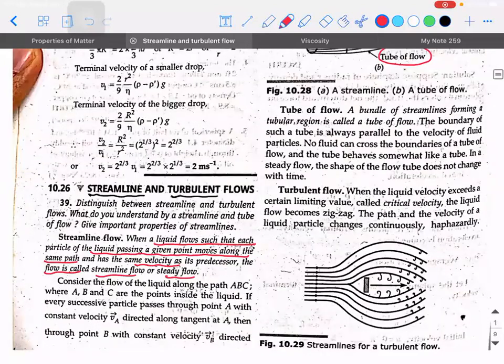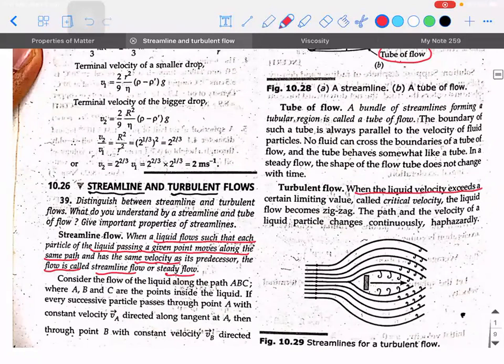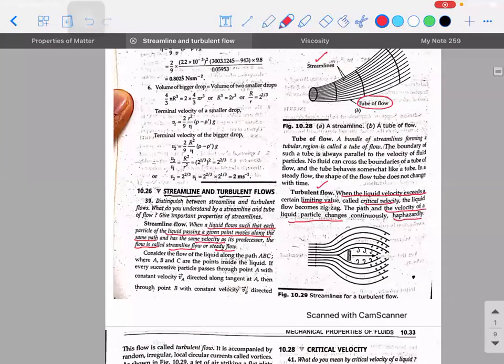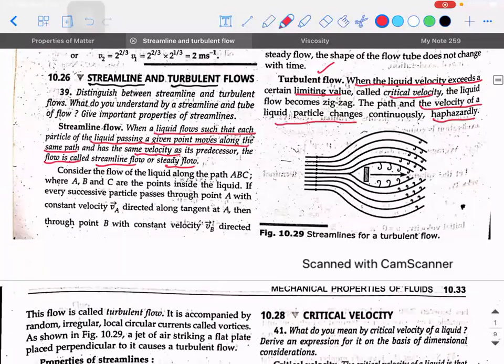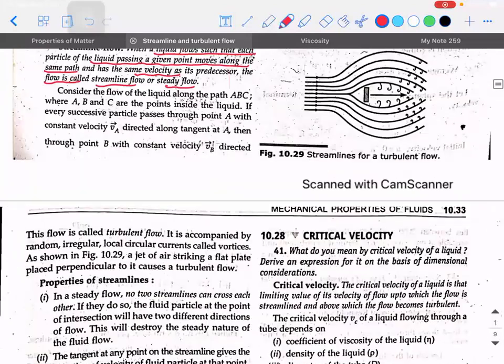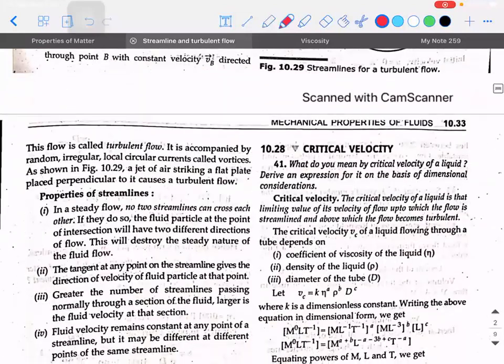Similarly, when a liquid's velocity exceeds a certain limiting value called the critical velocity, the liquid starts flowing in a zigzag manner, and the path and the velocity of the liquid particles change continuously and haphazardly. Turbulent flow is not easy for us to study, so it is easy for us to study streamline flow. As I told you, we are going to mainly concentrate on the streamline flow. Am I clear, guys?